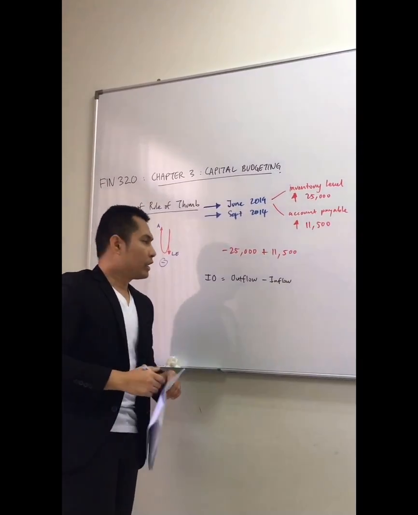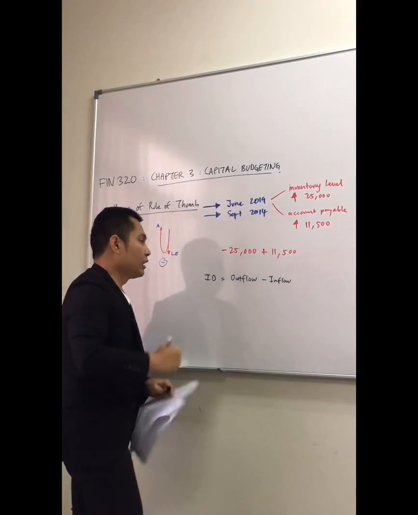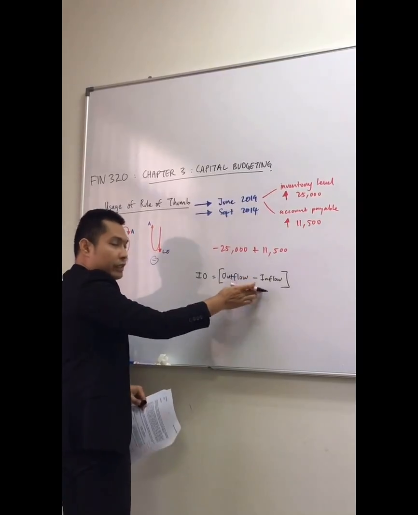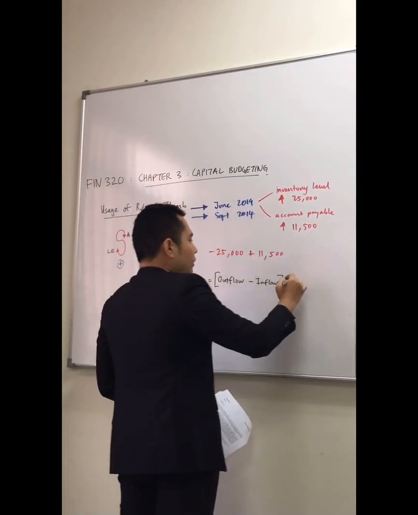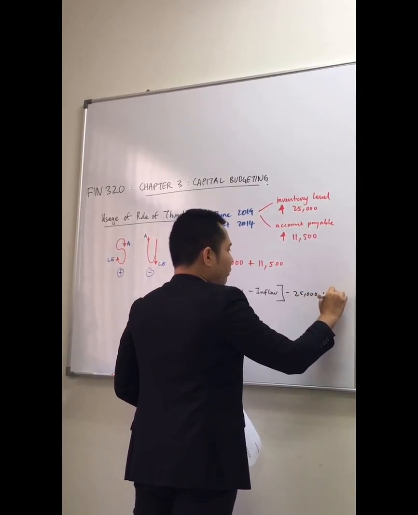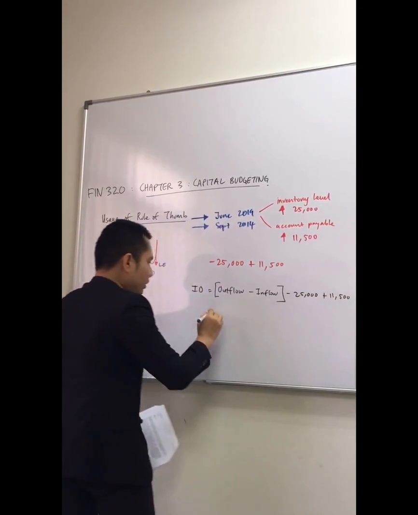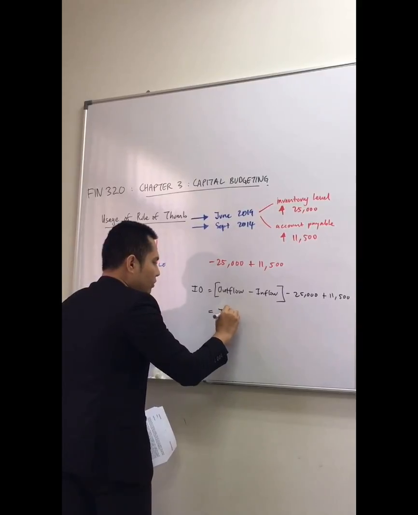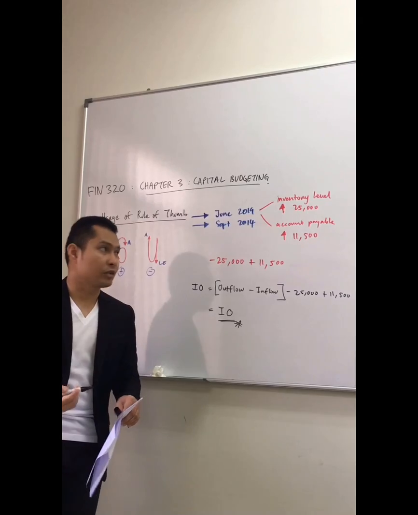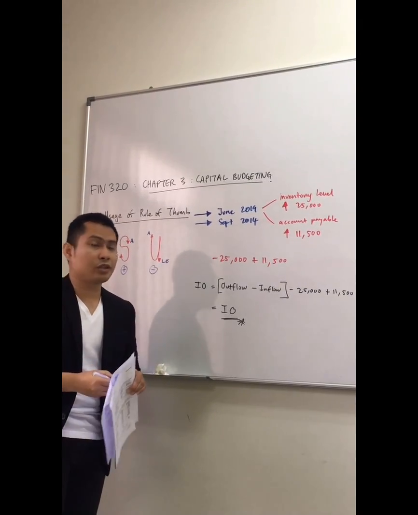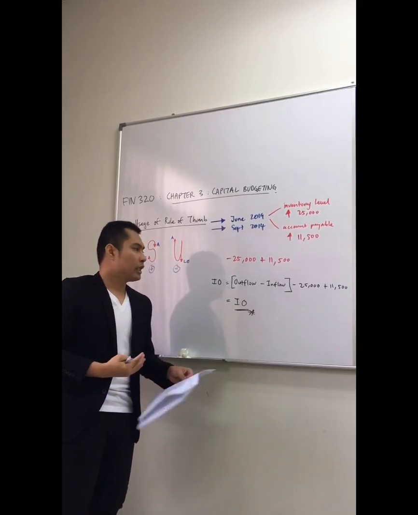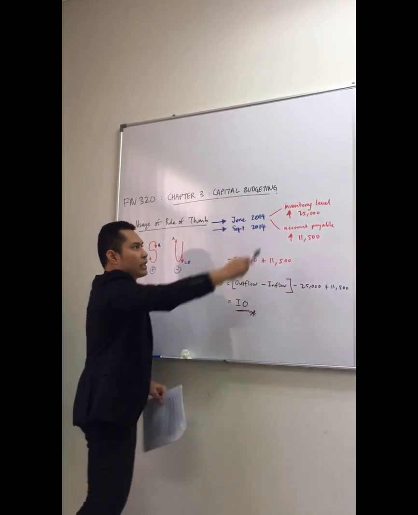Okay. Now, to make your life simpler, just do this normally first. Settle this one first. And then you minus 25,000 and you plus 11,500, and you will get your final answer, which is your IO. That's how you do it. So you can refer to the September 2014 question, and you can try that question where they have this kind of info.